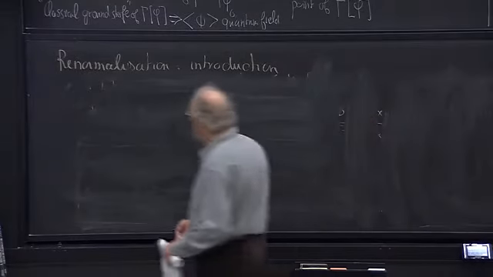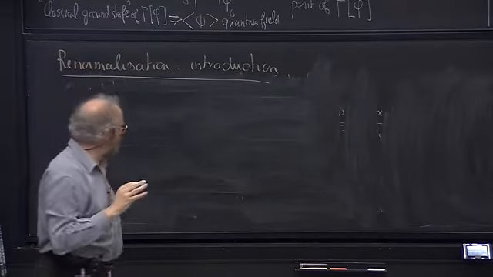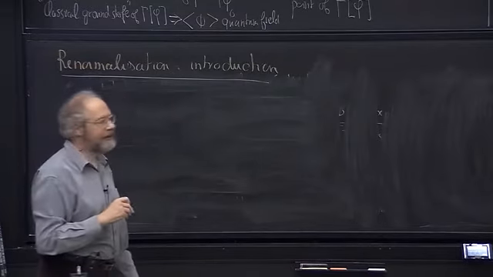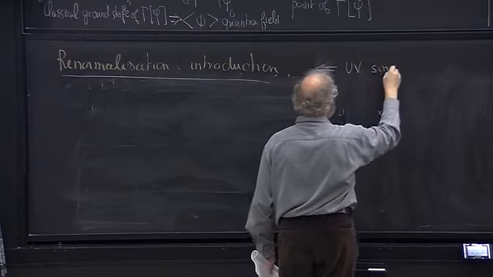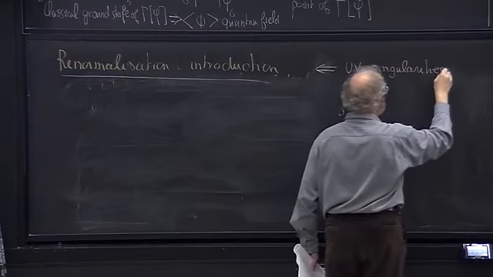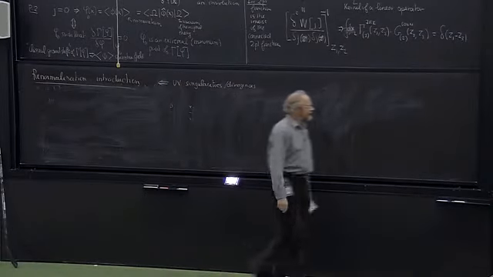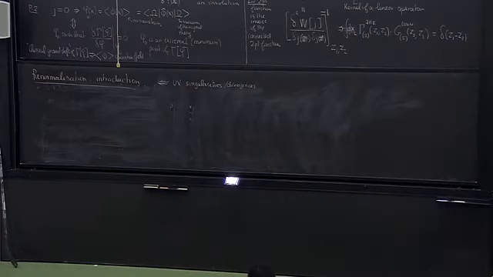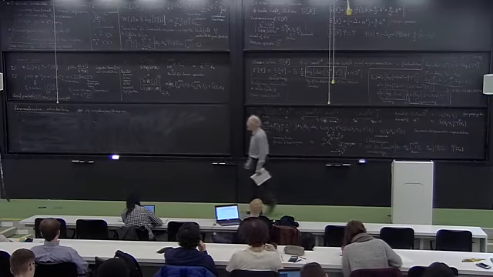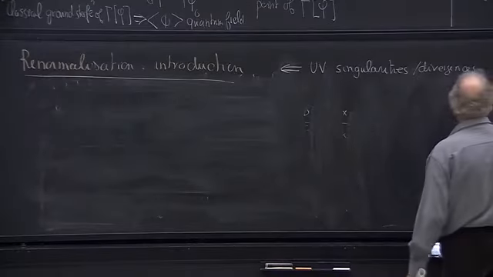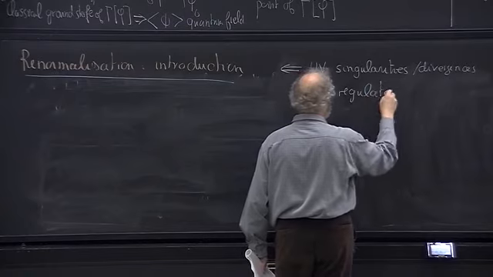And in quantum field theory, this problem is very important for several reasons, but one reason is that in perturbation theory, we have ultraviolet singularities, or divergences, which means that all the objects that I've been discussing here, all those integrals, are ill-defined because of short distance divergence, unless we use what's called an ultraviolet regulator.